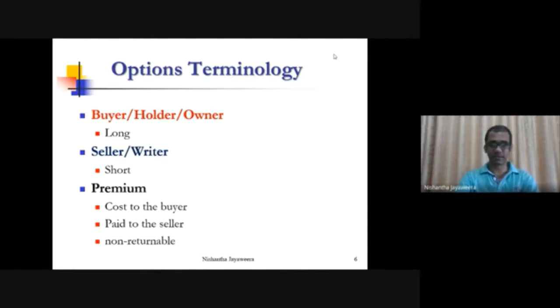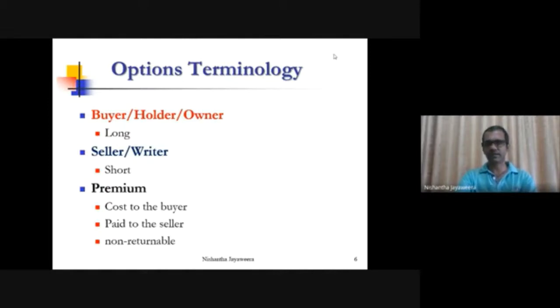But in one option contract, the right the buyer gets is only one of those, either to buy or to sell, not both. Remember that.